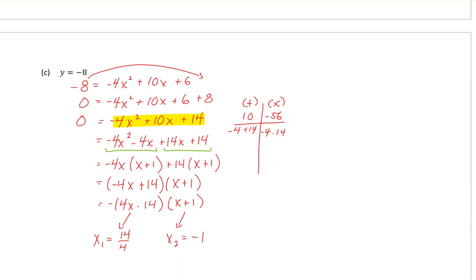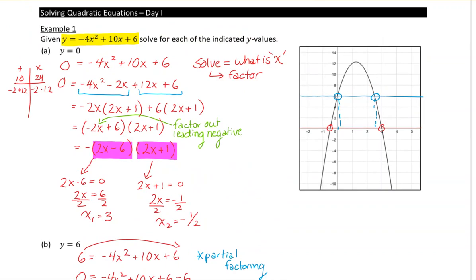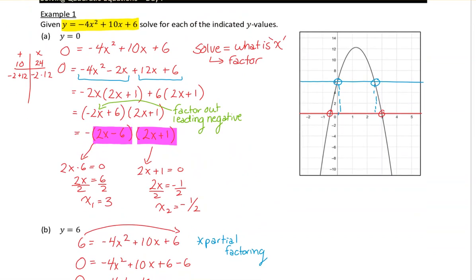Now let's go up to our graph again and verify that this is correct. If we find on here where y is equal to negative 8, it would be this line right here. And what are those two values on our parabola when we cross?